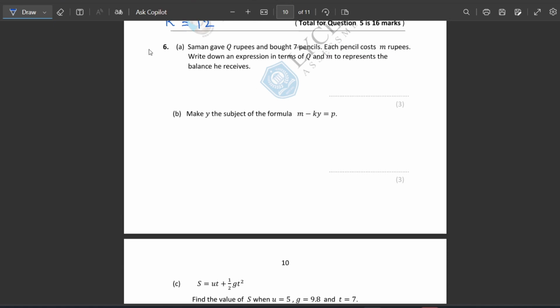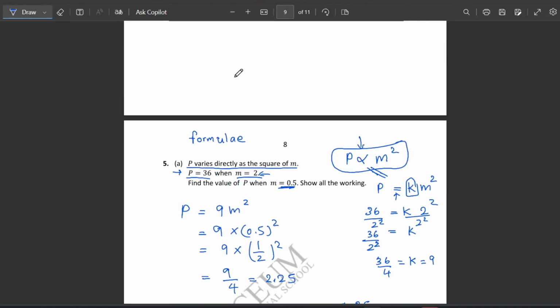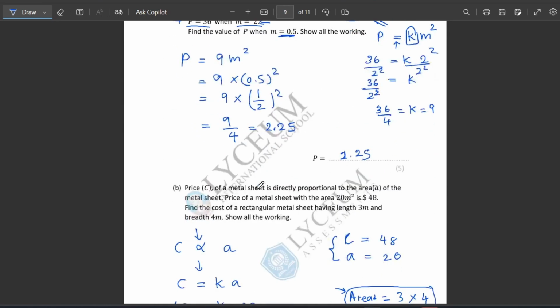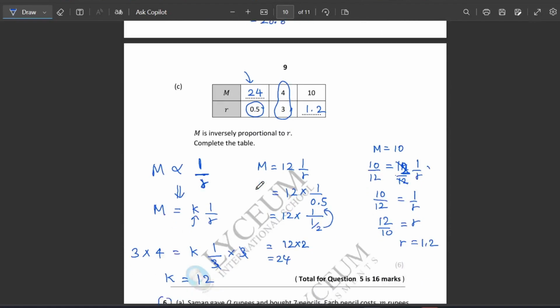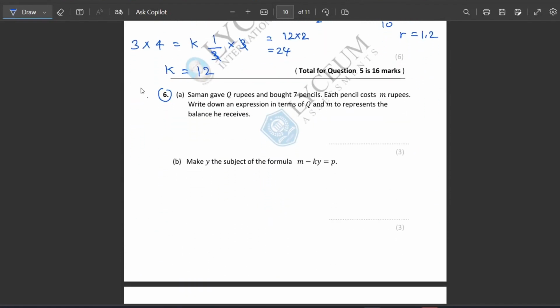The sixth one. These previous questions were not from formulas; this one would be proportionality. This is from formulas.